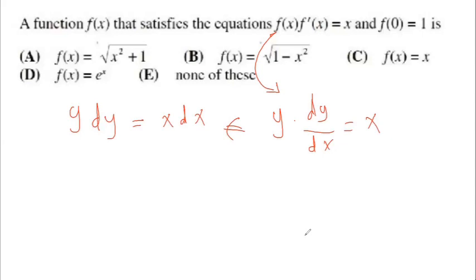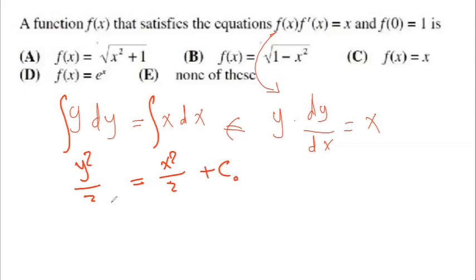And then you'll integrate both sides. Here you get y squared over 2, and here you get x squared over 2 plus some constant. Again, we'll call it C0, because often we get new constants that don't really matter.